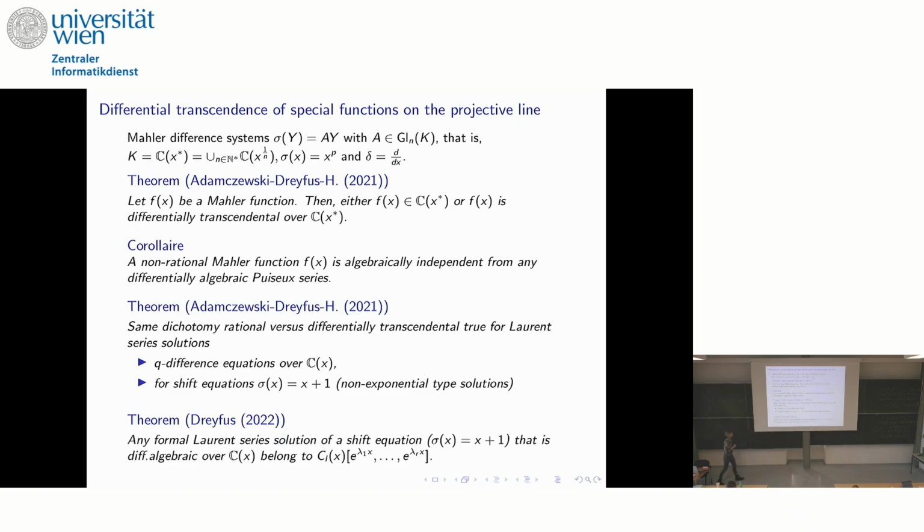And then Thomas refined this result and proved that if you take any formal Laurent series solution of a shift equation that is differentially algebraic over C of X, then it belongs to a certain ring generated by the exponential function. But here you have some field of L-periodic functions, where L is an integer, and an L-periodic function might be differentially transcendental.